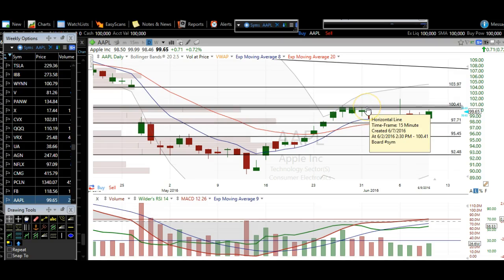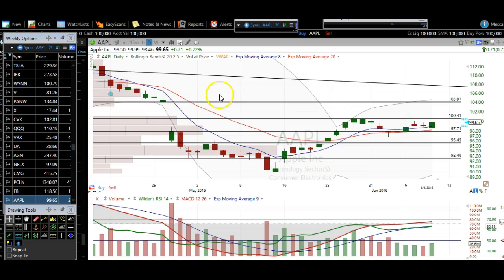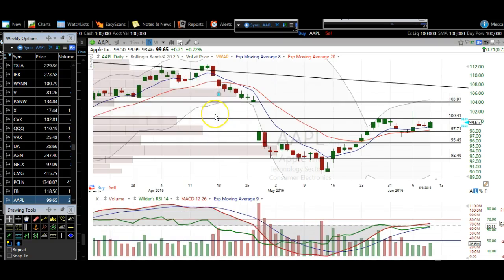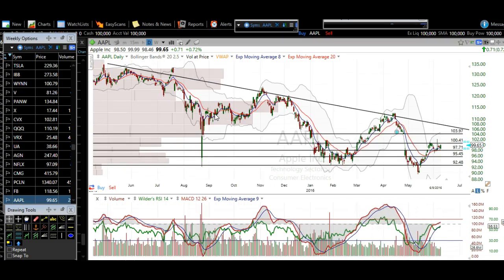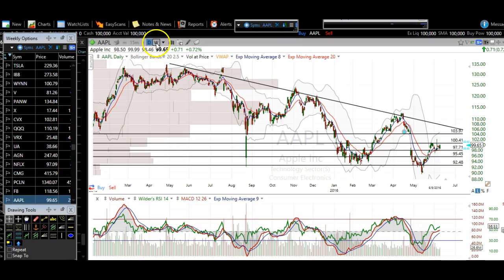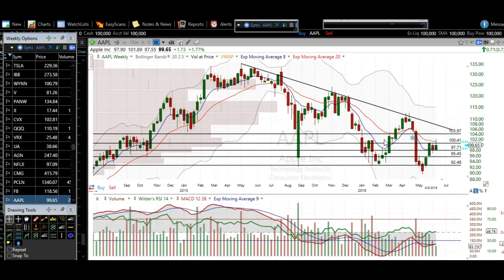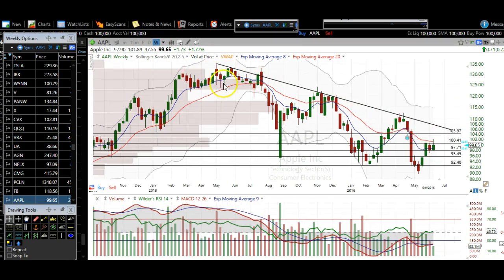If we break the 100.40 level, we're going to come up here and fill the gap at about 104. Now remember, Apple is in a downtrend overall, and I'm going to show you the weekly chart because it shows it a little bit better. We've got the downtrend line since April of last year.